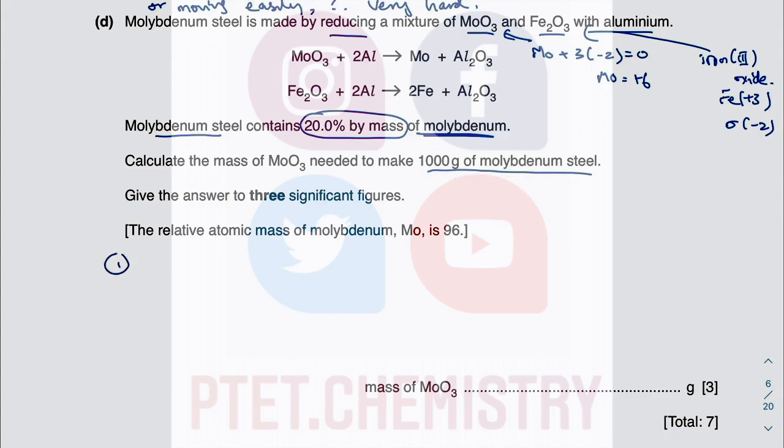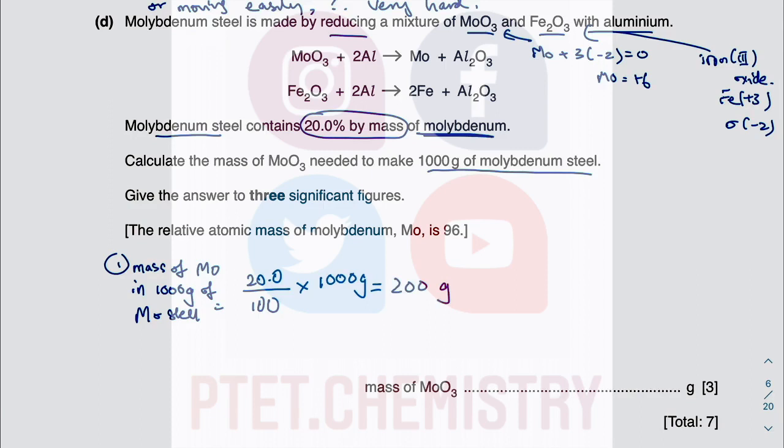The mass of molybdenum in 1000 gram of steel is 20% by mass, 20 over 100. How much of that 1000 gram is actually Mo? So 20 divided by 100 times 1000 will give you 200 gram.